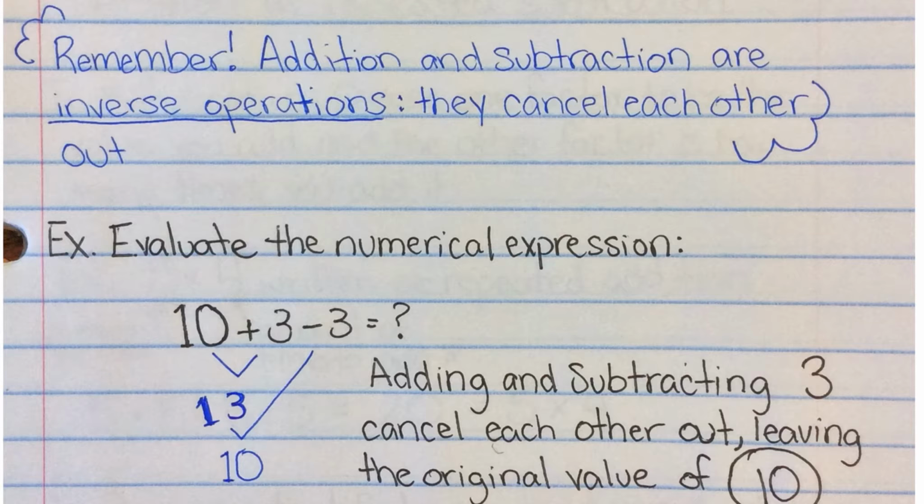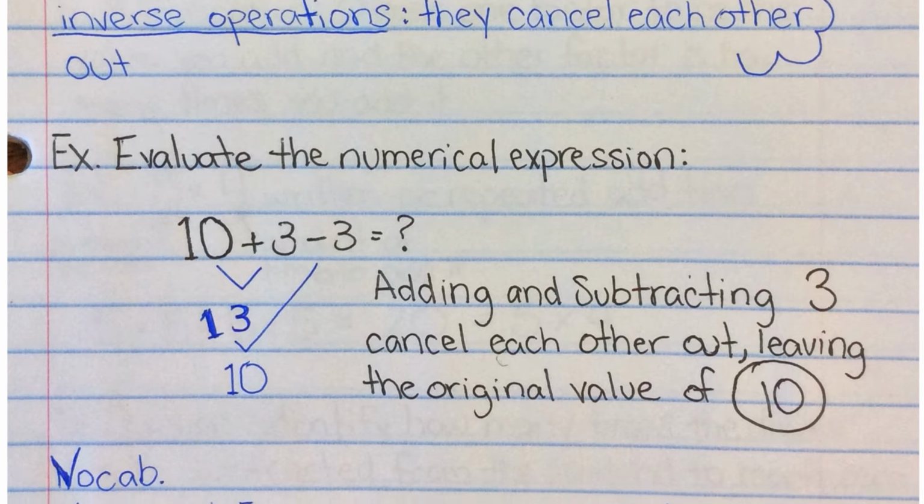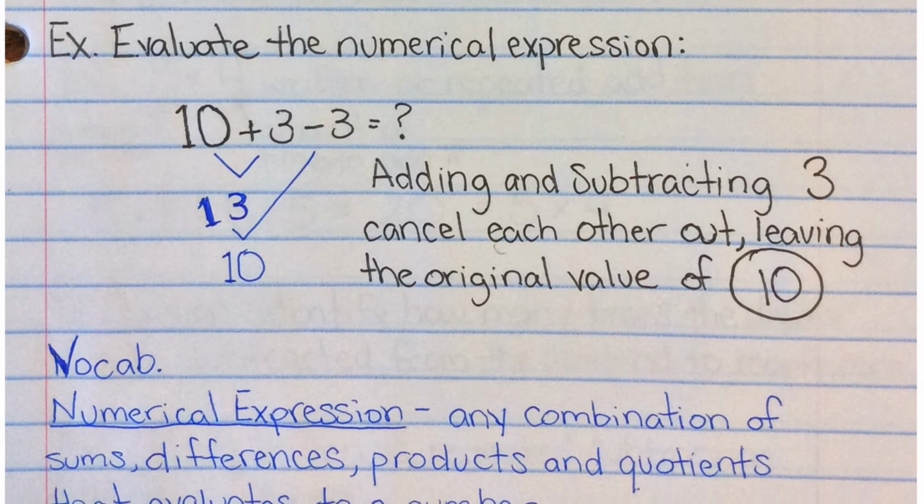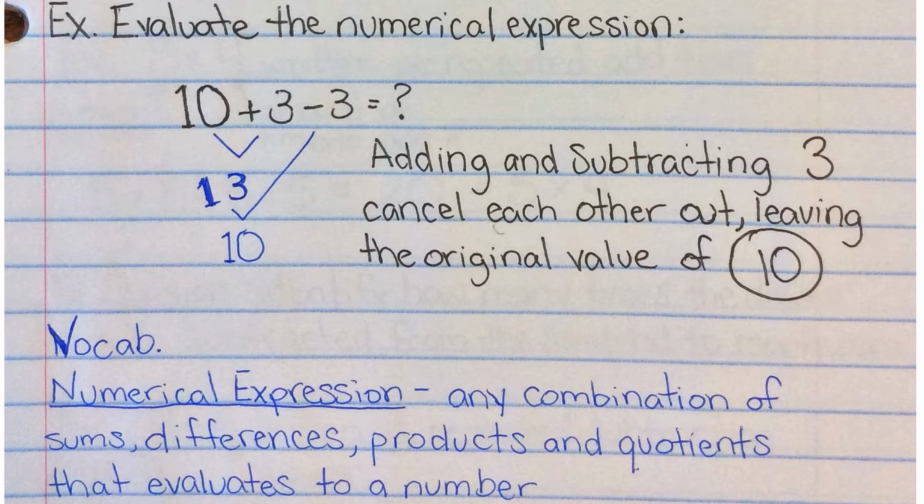Okay. And lastly, you're seeing a term here, numerical expression, which we'll be using a lot in this module and from here on out this year. So I thought it would be a good idea if we were to define numerical expression down here at the bottom of our notes.